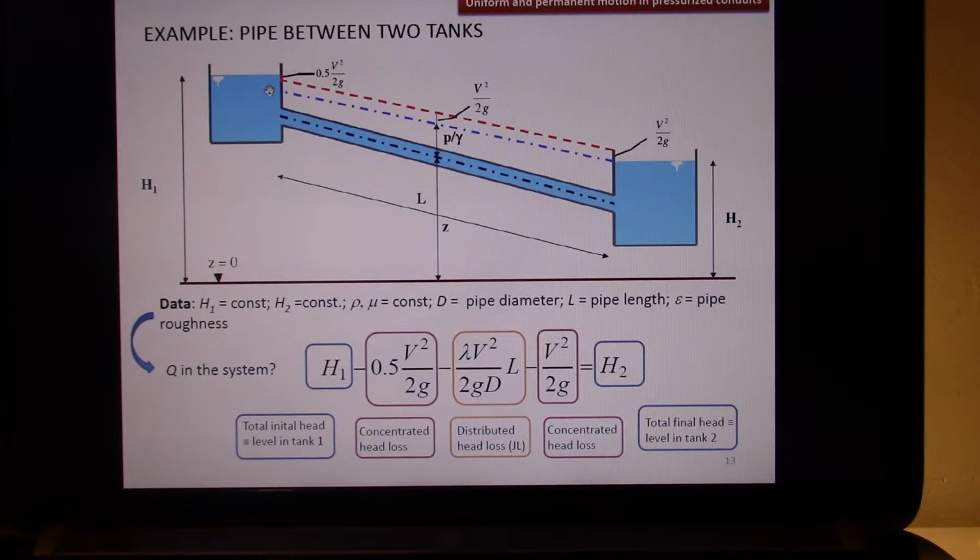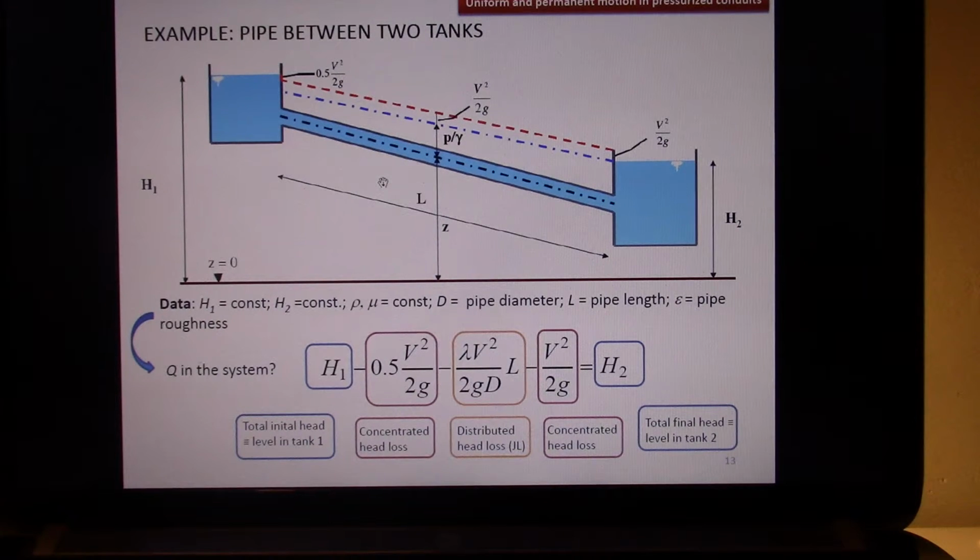Then our fluid is moving inside the pipe, and in this point there are some turbulences. These turbulences are, remember, given by concentrated losses, which are K times V to the power of 2 over 2g. But in the case of a square-edged entrance, K is equal to 0.5, so minus 0.5 V to the power of 2 over 2g.